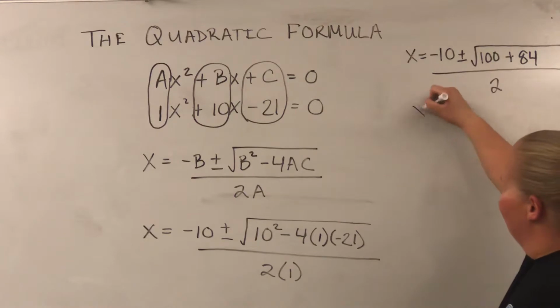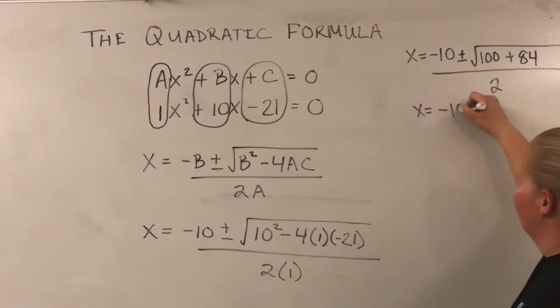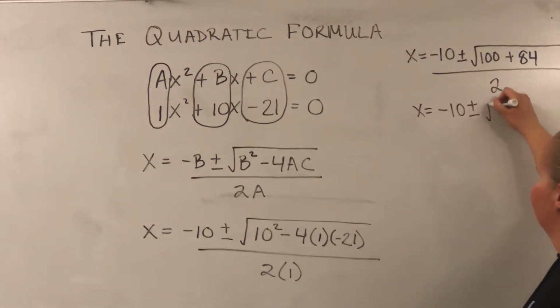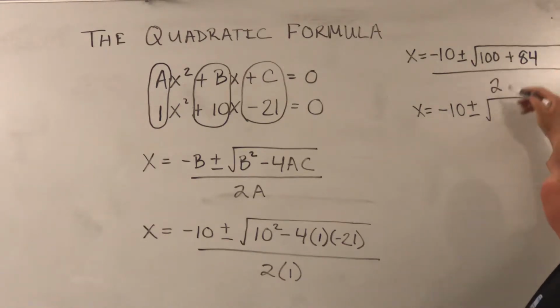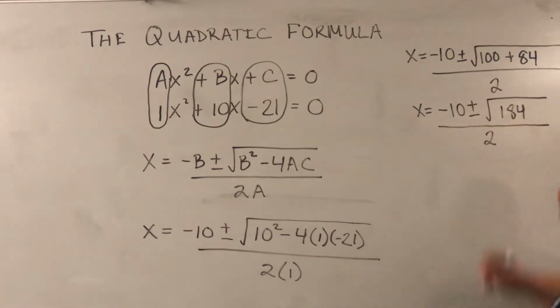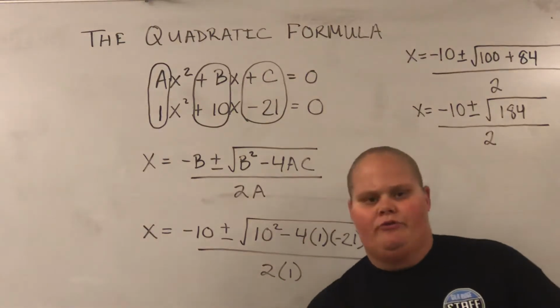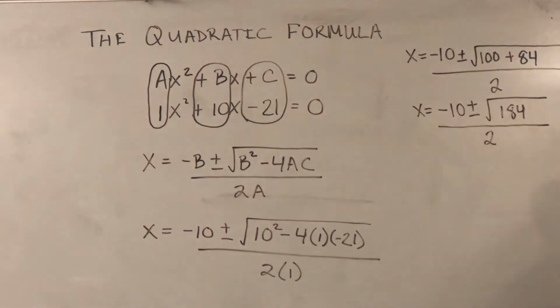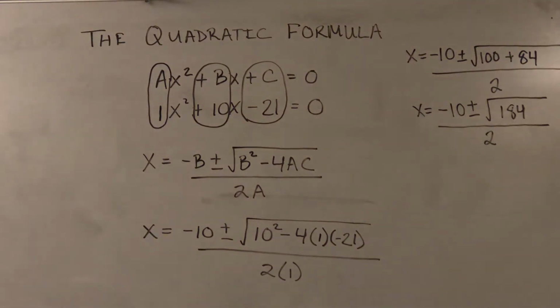Well, x equals negative 10 plus or minus the square root of 184, all over 2. Okay, so now what we have to do is figure out what the square root of 184 is, and I'm actually going to go ahead and grab a calculator.